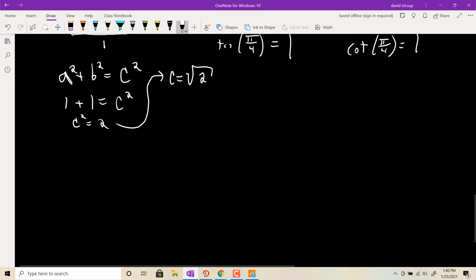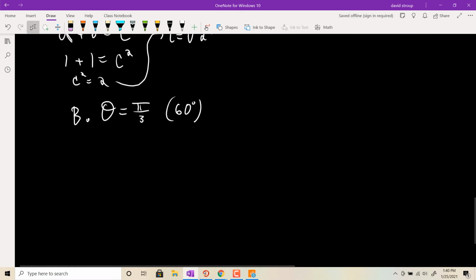Okay, let's get the other angles out of the way. So the next one is pi over 3, which of course is 60 degrees. And to get this one, we'll also get pi over 6 out of the way at the same time, which is 30 degrees.